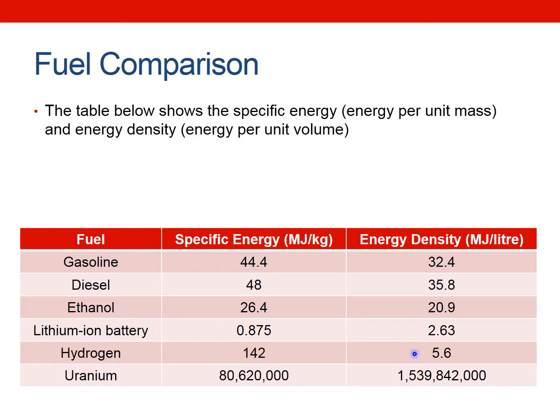So you need a lot of it to get that energy, even though it does give you a lot per unit mass. This is why these fuels are pretty good, because they give you a lot of energy for a small volume. So if you're carrying that volume of fuel with you, then that's ideal.